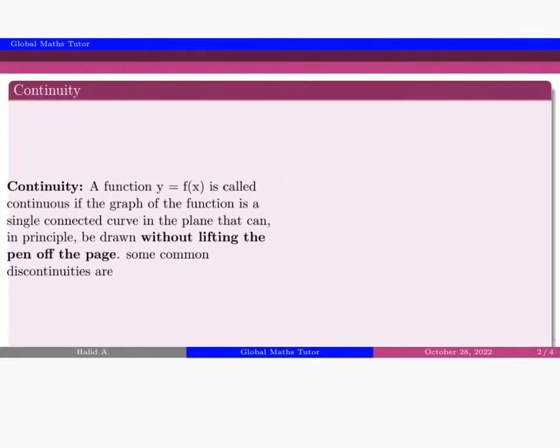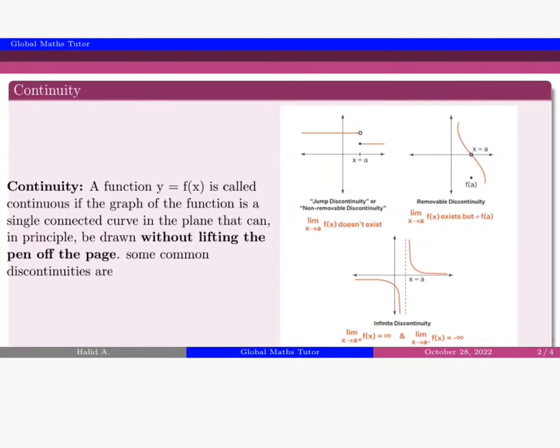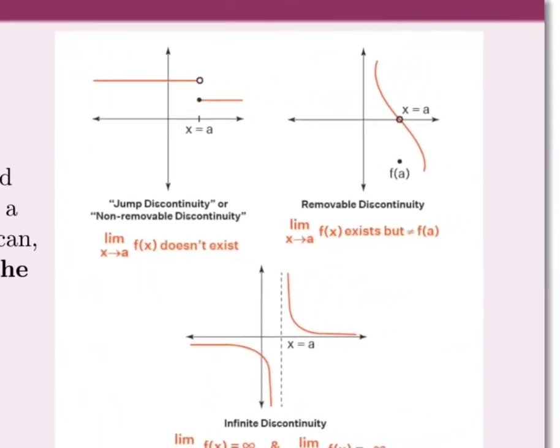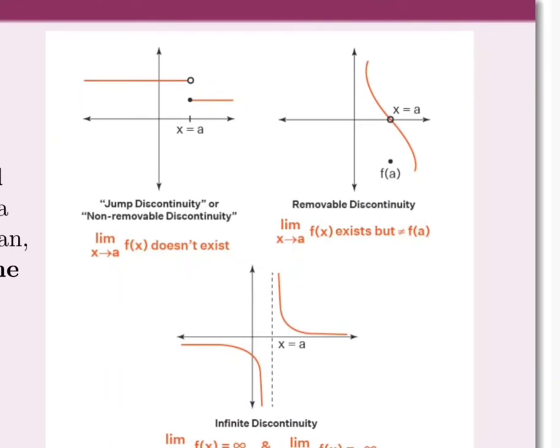Some common forms of discontinuity are holes, jumps, and so on. For example, as we see here, there is a jump at x equal to a, so this is one type of discontinuity which can't be removed.